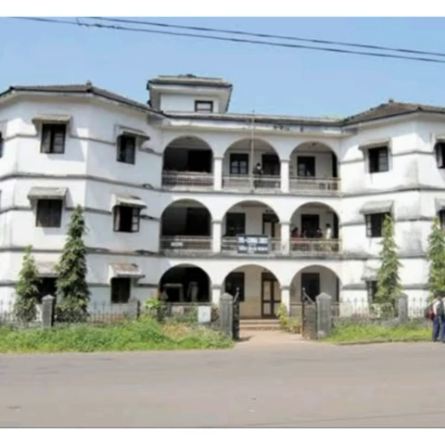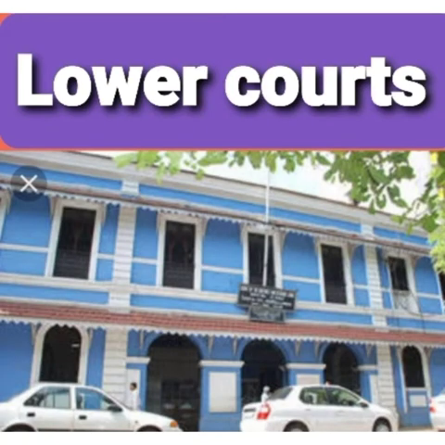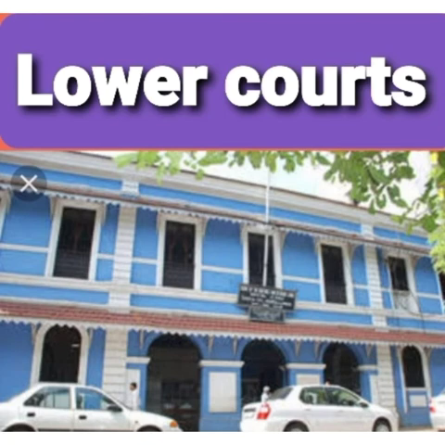These courts are known as the subordinate courts, and these subordinate courts, or lower courts as we can call them, are under the supervision of the high courts. That means the high courts take care of these subordinate courts.